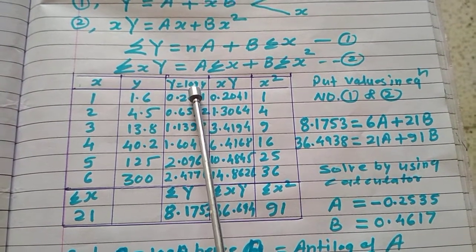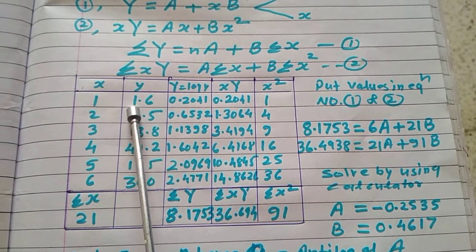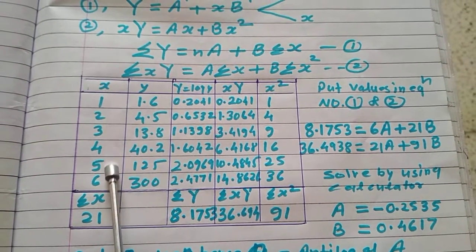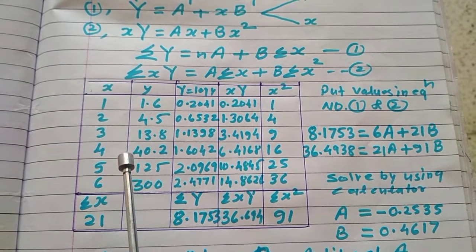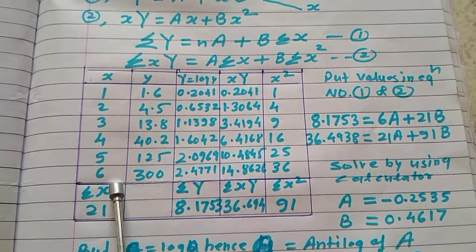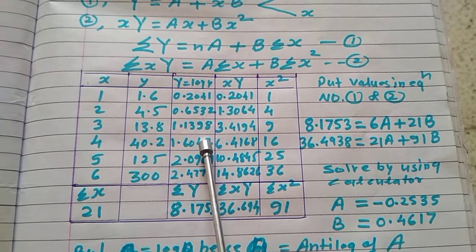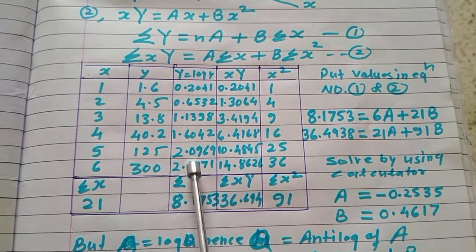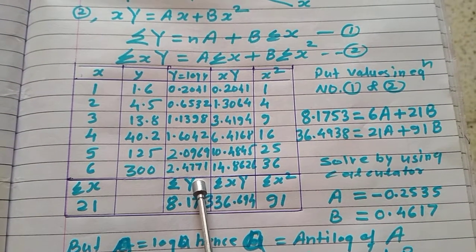Now convert to capital Y by taking log of each term: log of 1.6, log of 4.5, log of 13.8, and in this way you will get the new table. The name of the new table is capital Y table. You require the original x table because in my straight line the original x is there, so don't change the x table.